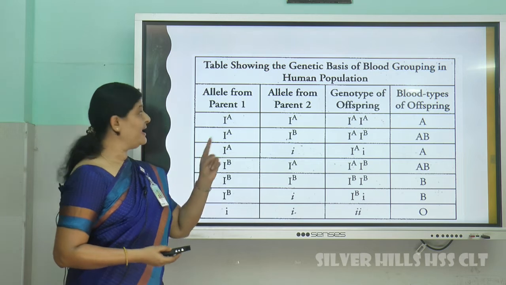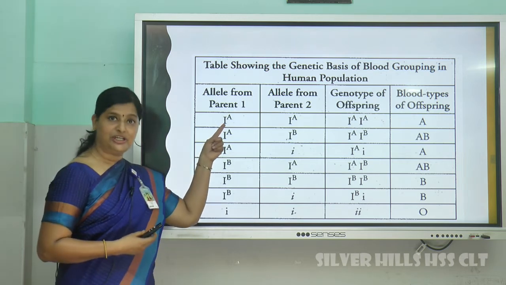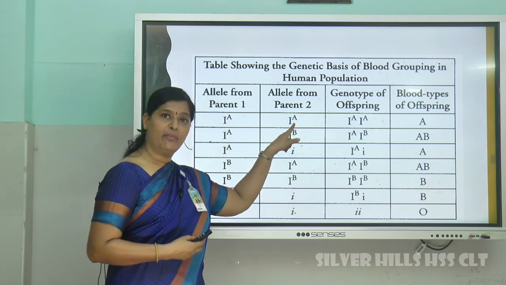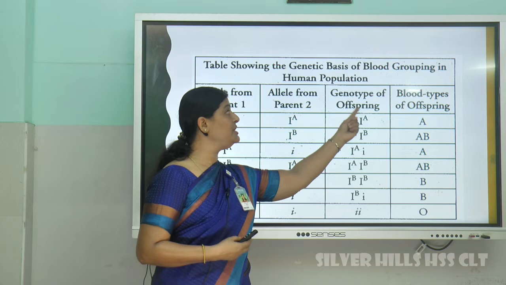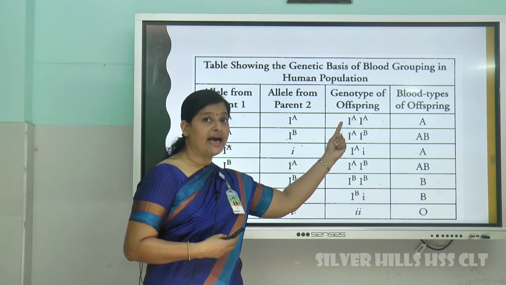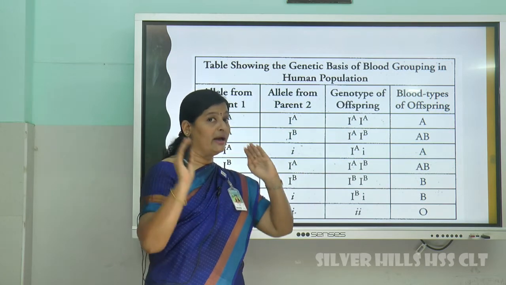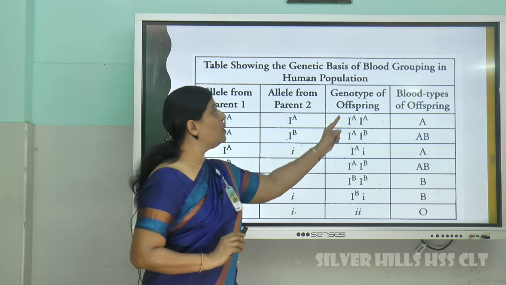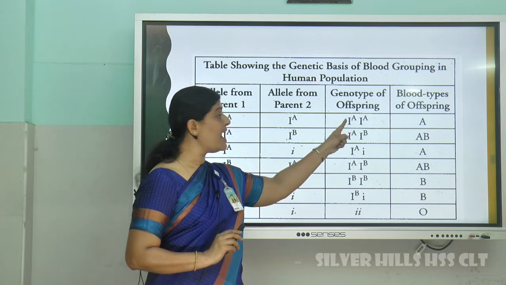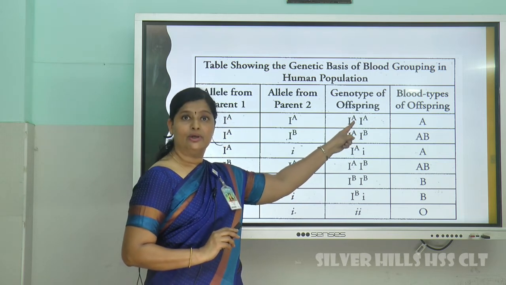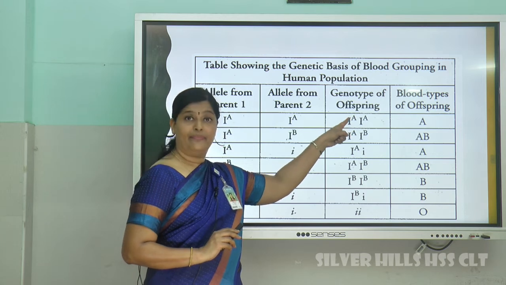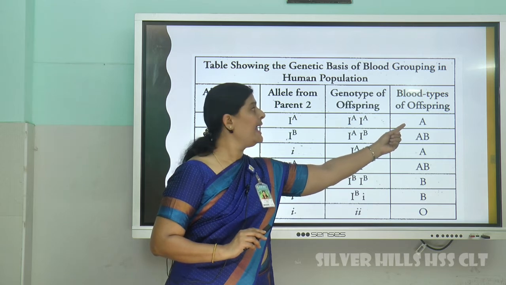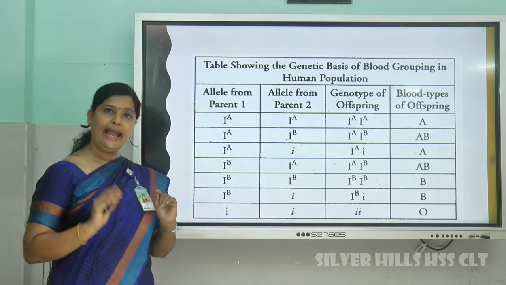This offspring has got IA from the father and IA from the mother. You know that the offspring gets one allele from the father and the other from the mother, so the genotype is IAIA. Both A antigens are produced, so his blood group is A.